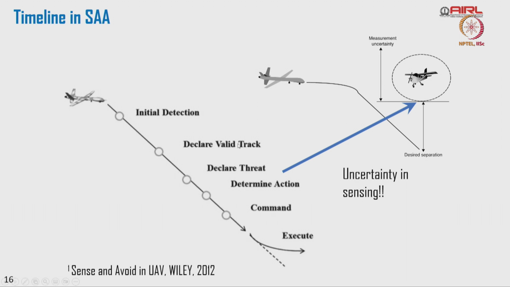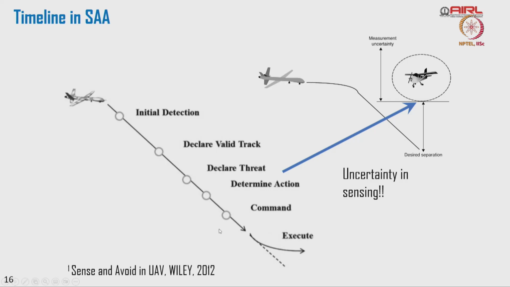I declare the track because I am able to see him. After some time I am not able to see him, so continuous detection is required so that I can declare a valid track. Once I declare a valid track, I need to declare it as a threat. Once I declare it as a threat, I may take some time to determine the action that I need to perform, and then I pass the action to my flight controller, which will take some time to execute it.